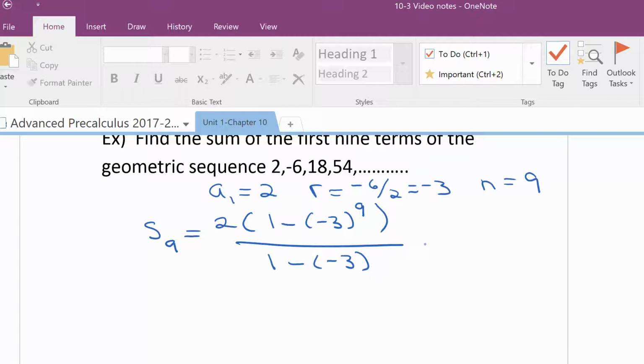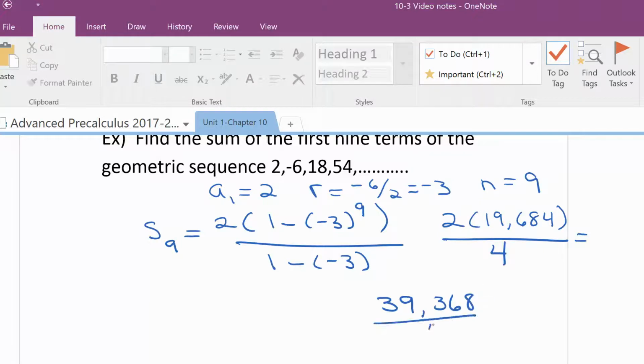Well, 1 minus -3 to the 9th is 19,684 times 2 gives you 39,368 over 4.